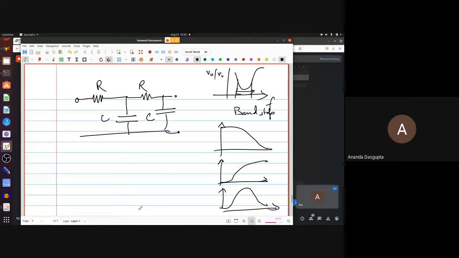Remember, capacitor impedance is 1 by j omega c, right? For very low frequencies, what happens to the capacitor? Large impedance.